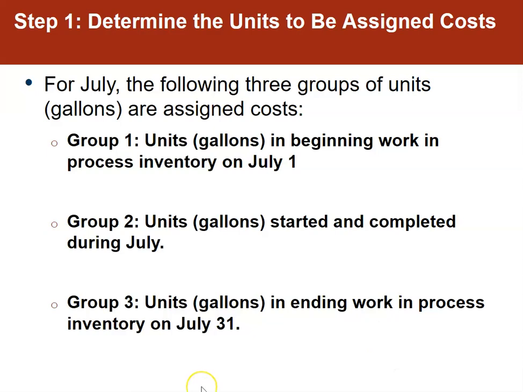So now we're going to break this down into a number of groups. It says for July, the following 3 groups of units are assigned cost. The first group are those gallons that are in the beginning work in process at the beginning of the month. In other words, this was work that was started in the previous month of June.